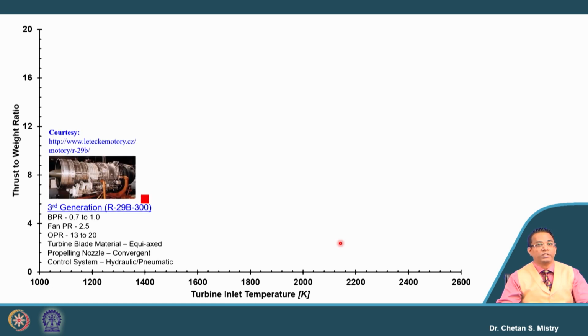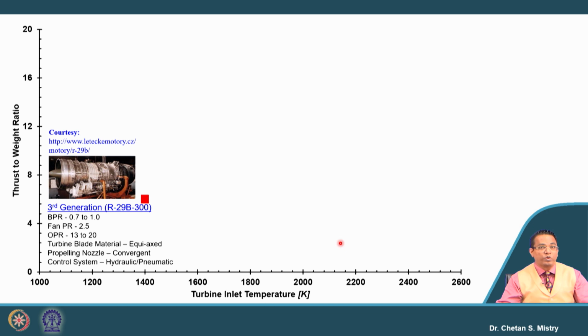So this is the third generation engine. We can say it is the RD-33 or R29B-300, where the turbine entry temperature is in the range of 1400 Kelvin, and roughly thrust to weight ratio is around 6 to 7. If we look carefully, the bypass ratio for such a third generation engine was around 0.7 to 1.